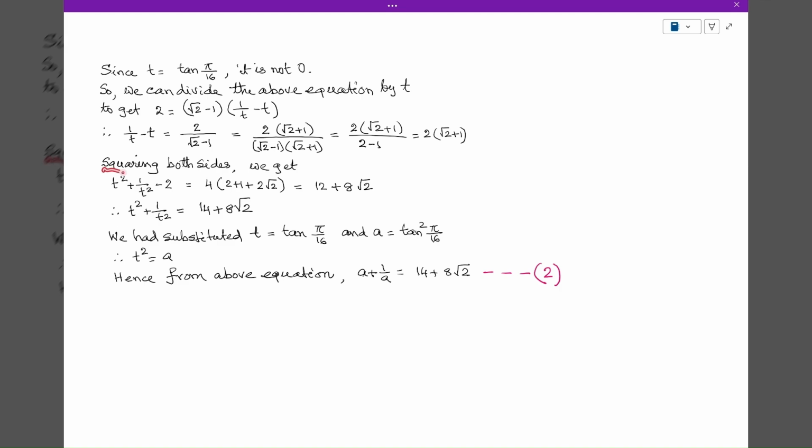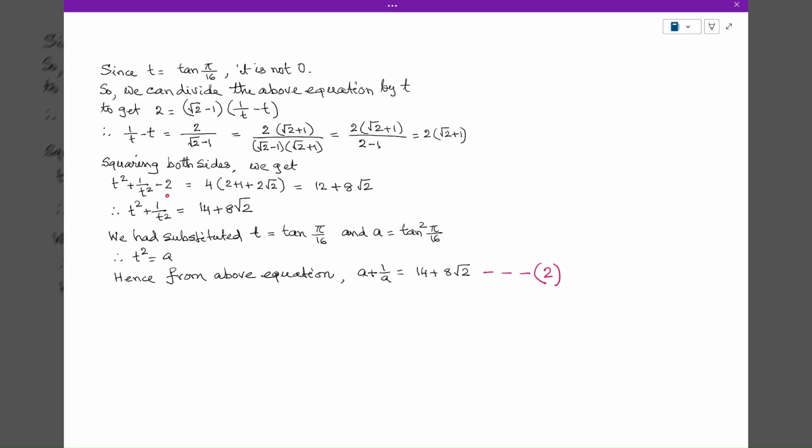Squaring both sides, if you square this side, we get t square plus 1 by t square minus 2 multiplied by 1 by t into t, that is minus 2. So this is equal to, if you square this side, we get 4 multiplied by 2 plus 1 plus 2 square root 2. That is equal to 12 plus 8 multiplied by square root of 2.